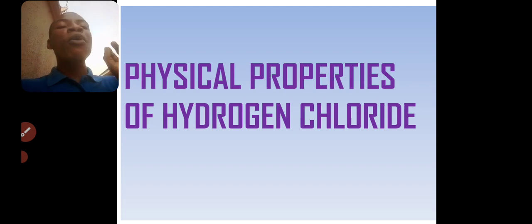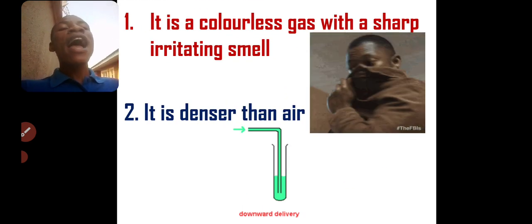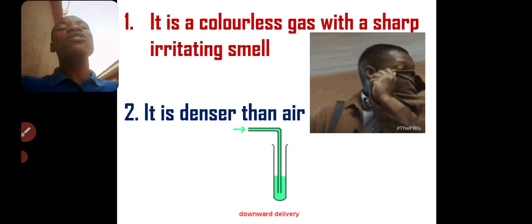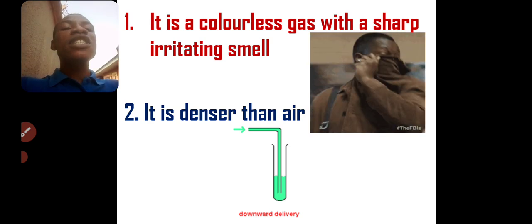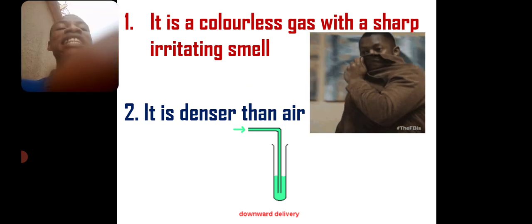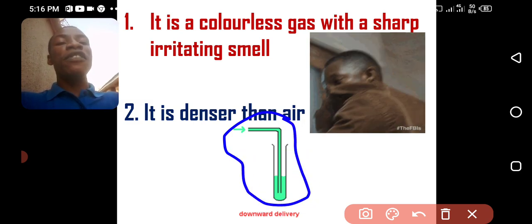What are the physical properties of hydrogen chloride? Number one, hydrogen chloride is a colorless gas with a sharp irritating smell. Two, it is denser than air. That's why it can be collected by downward delivery.